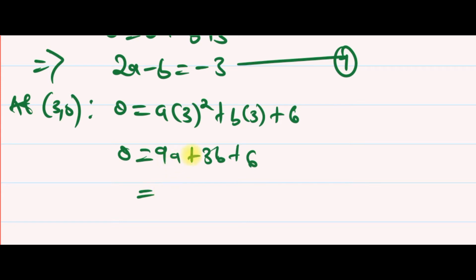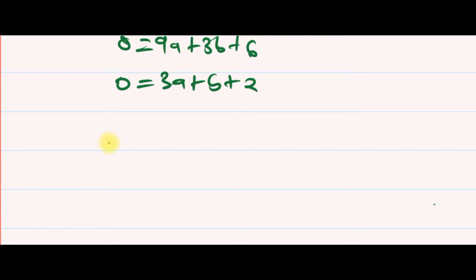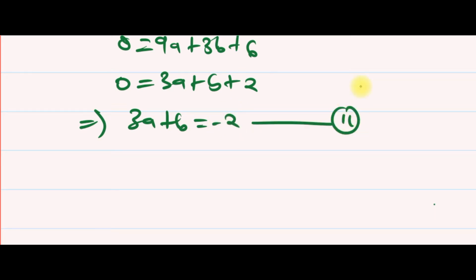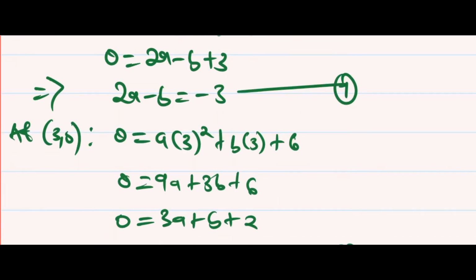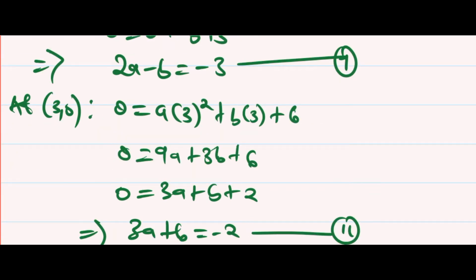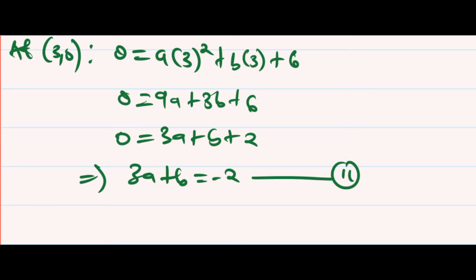Again, dividing both sides by 3, we have 0 equals 3a plus b plus 2, which implies that 3a plus b equals minus 2. Equation 2. So we are solving equation 1, which is 2a minus b equal to minus 3, and 3a plus b equal to minus 2.